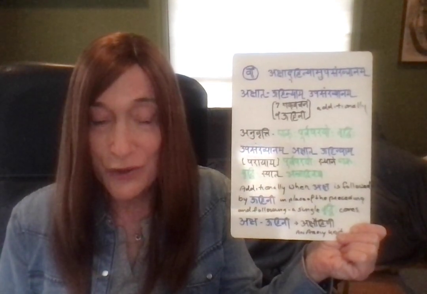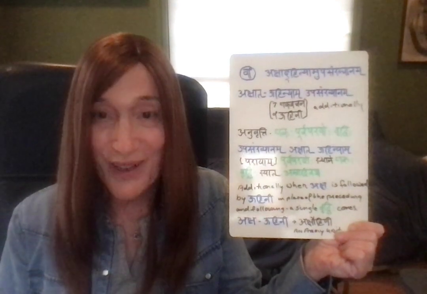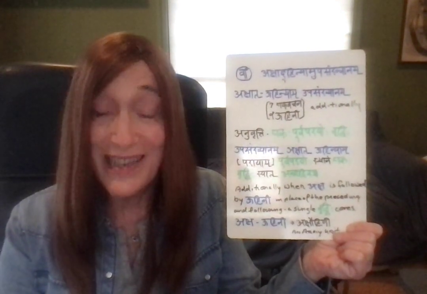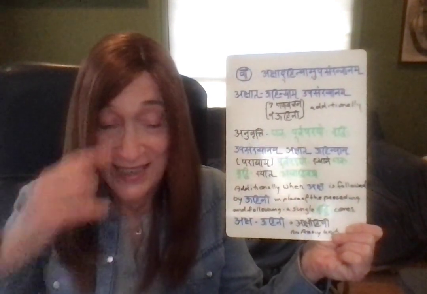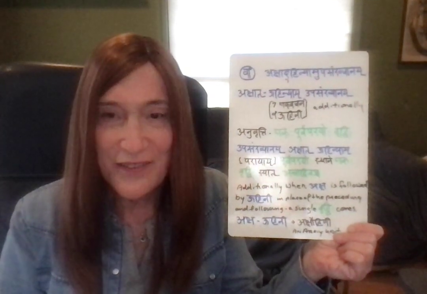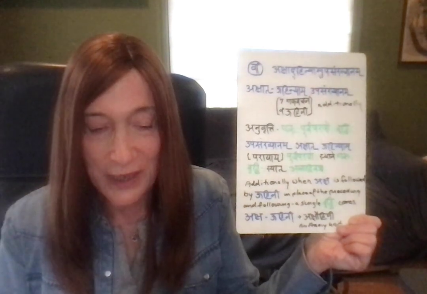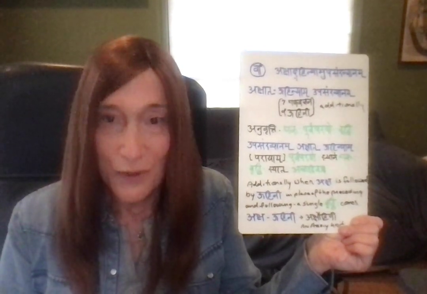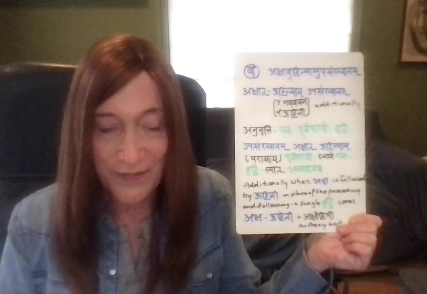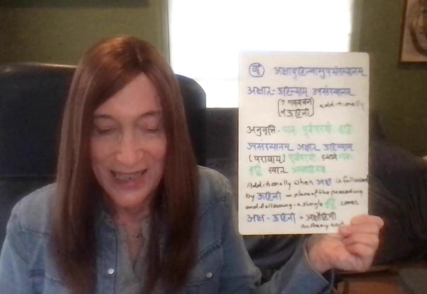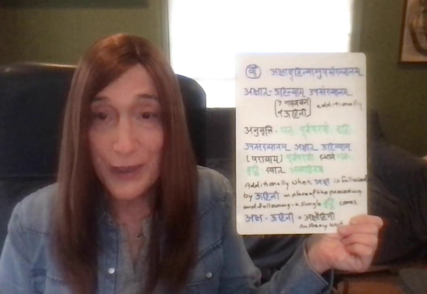So this is a sutra with only one possible example, I think, and even it is kind of interesting in itself. The example would be aksha followed by uhini, and you get akshauhini.